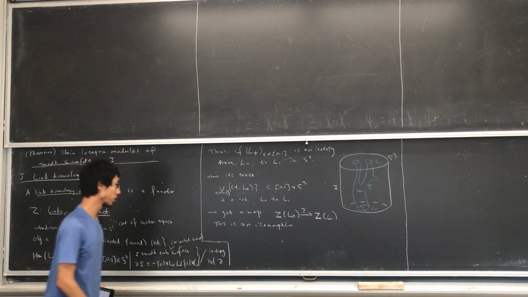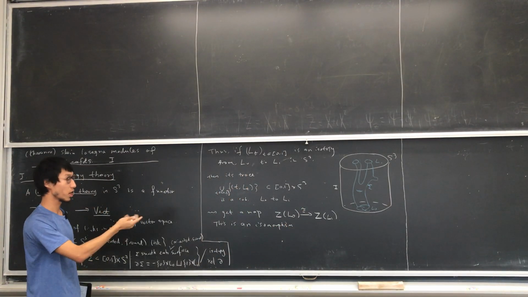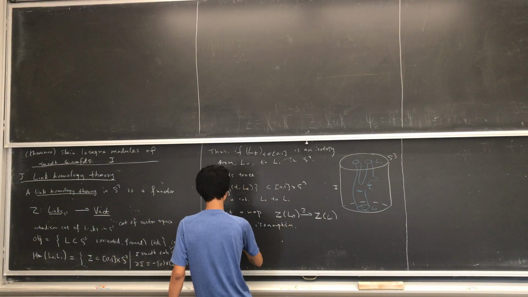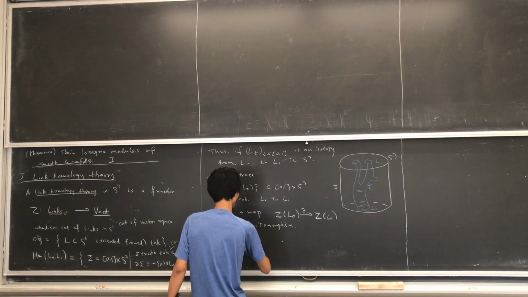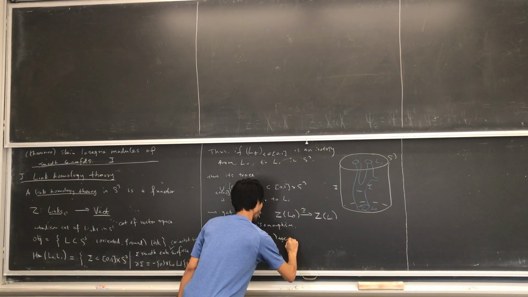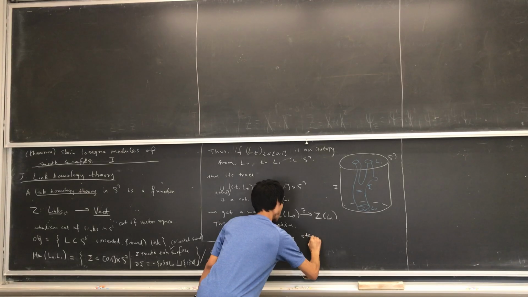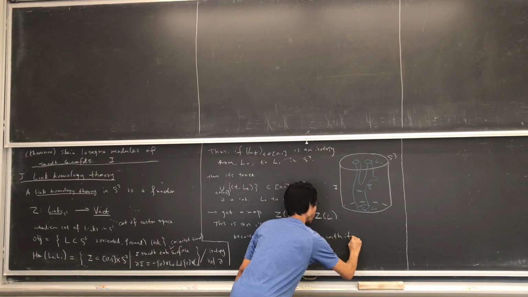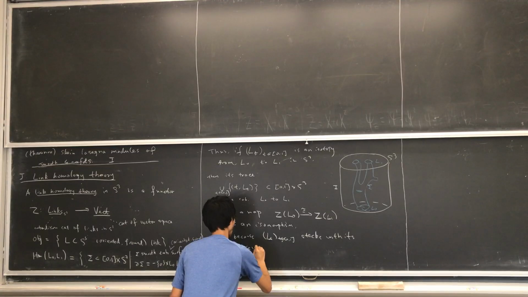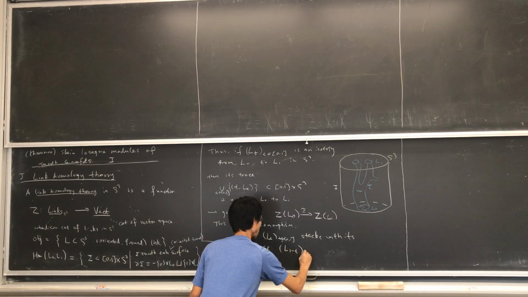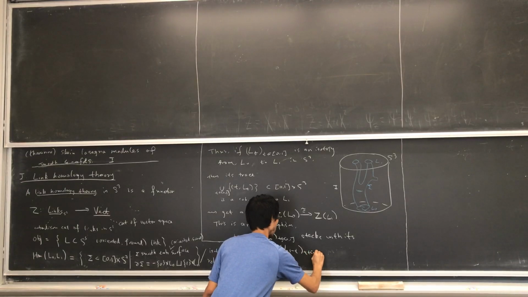Why is that? This is because if you run this isotopy backward, L_t stacks with its reverse, then the L_{1-t} from 0 to 1.